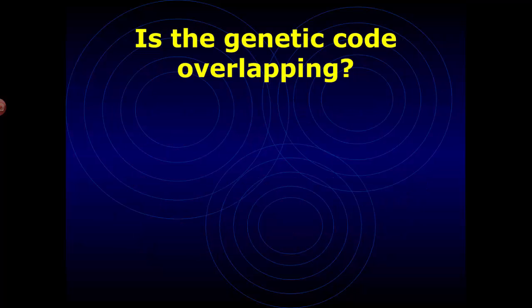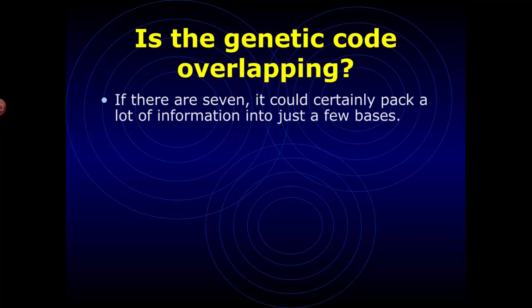Now, it makes sense that if there were 7, you could pack a tremendous amount of information into just a few bases. Okay? Those 9 letters could code for a lot more information than just 3 amino acids.